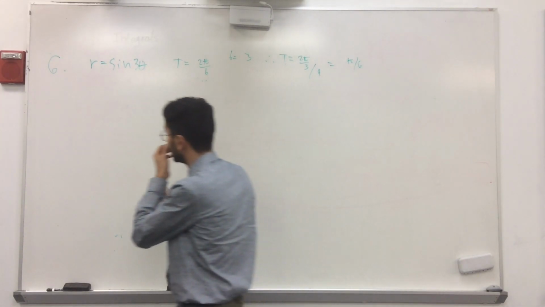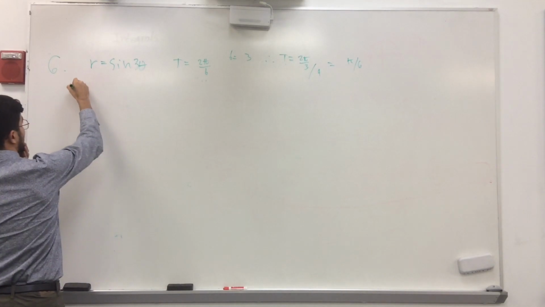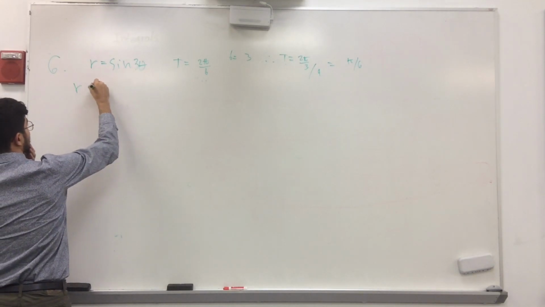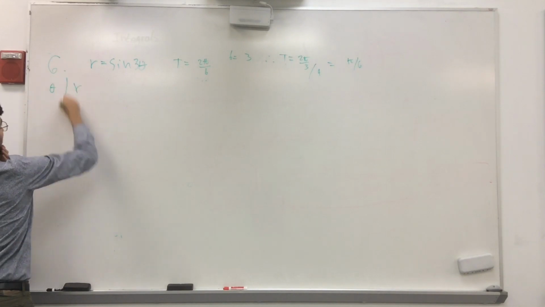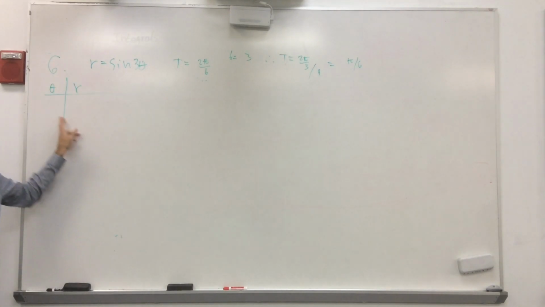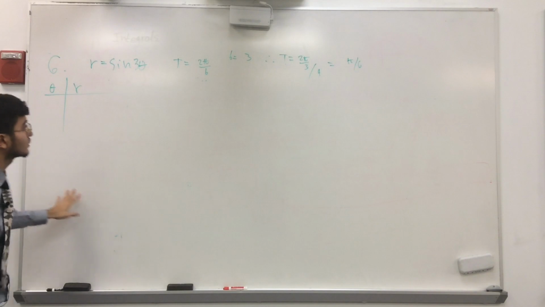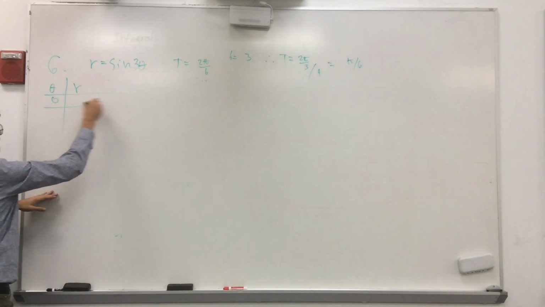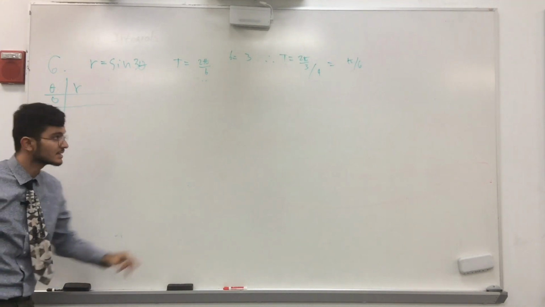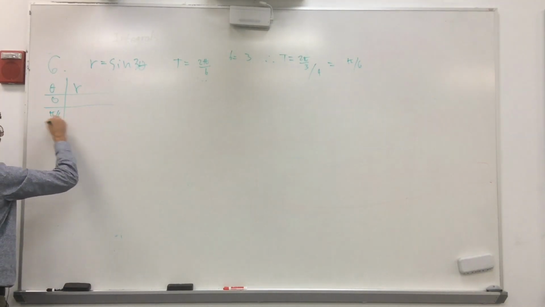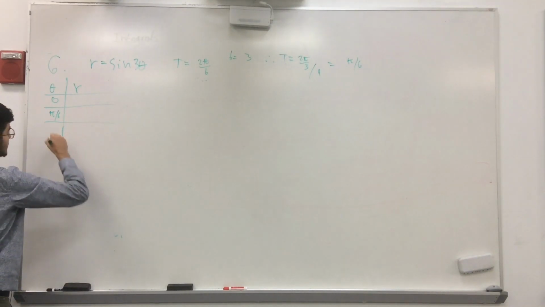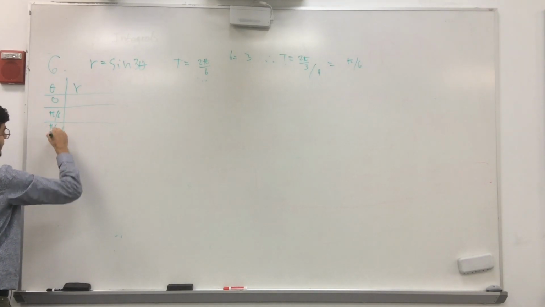Over here we have our values of r, and we have θ. Let's put θ over here, and then r over here. We start from θ equals 0, and we're going to add π over 6 every time until 2π over 3. So we get π over 6, then 2π over 6, which is π over 3.